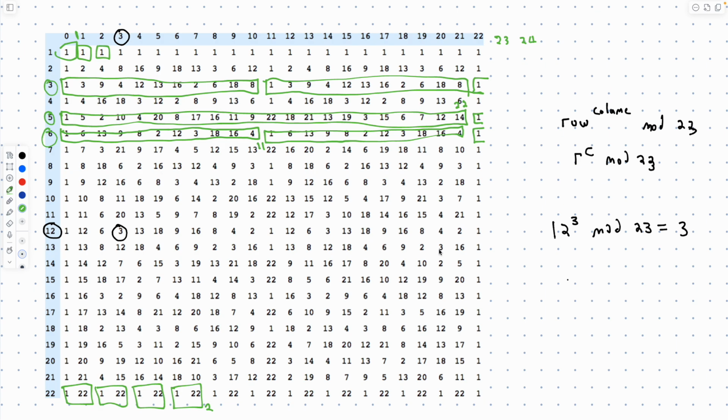So the size of it until it repeats is going to be different. It depends on the integer itself.